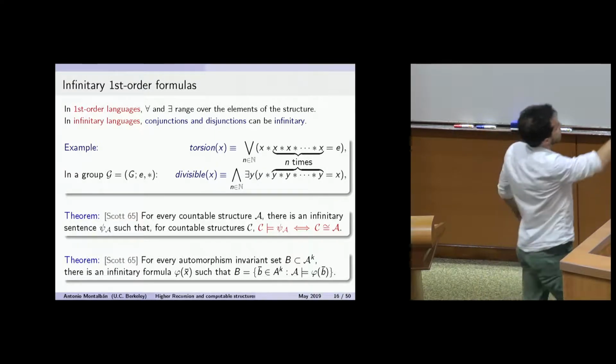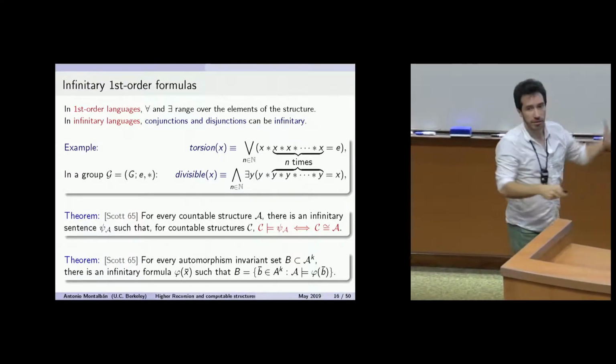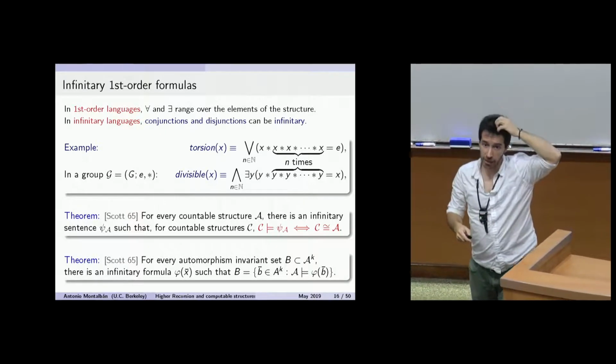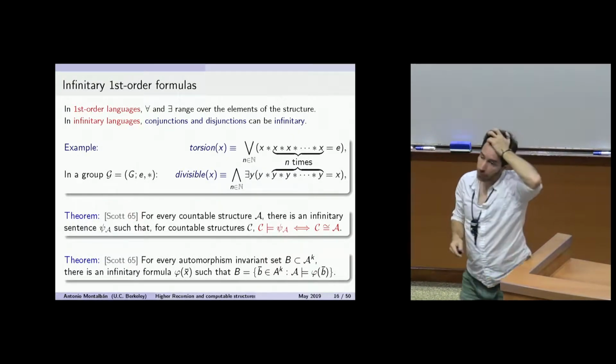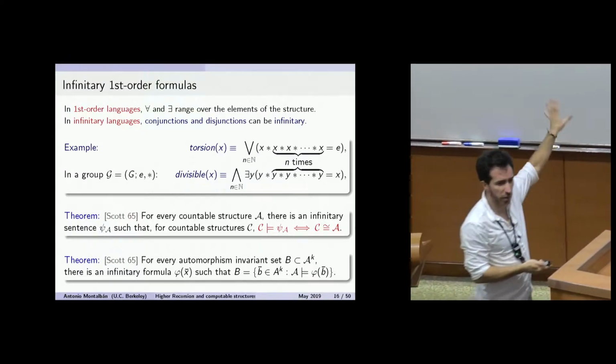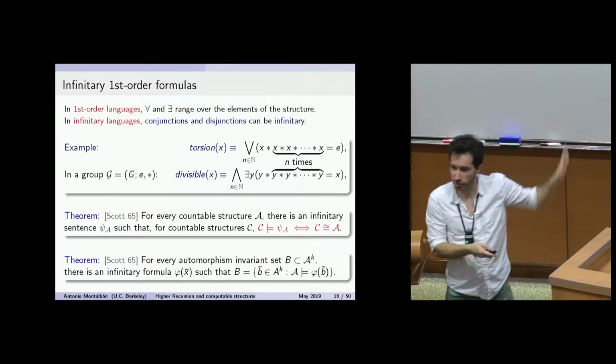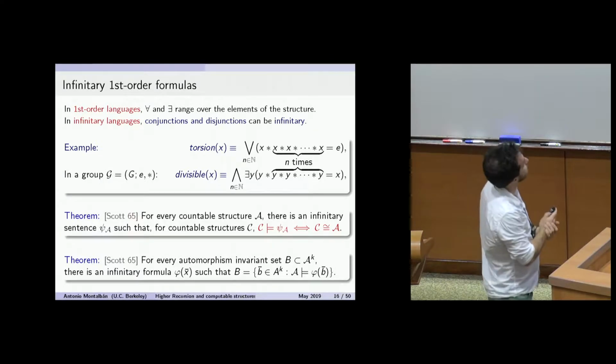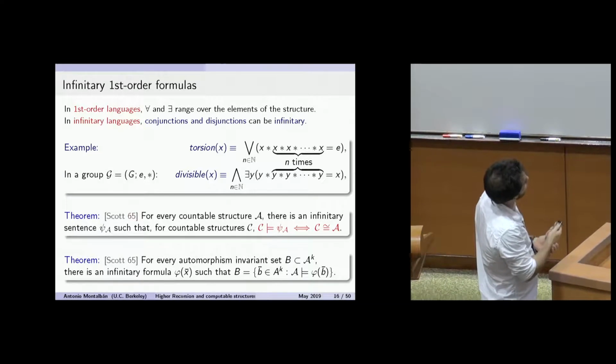So everything that is automorphism invariant is definable in this infinitary language. So it's quite powerful, this infinitary language. Again, I went quick because we're not going to use these two things. But for countable structures, they are quite powerful.